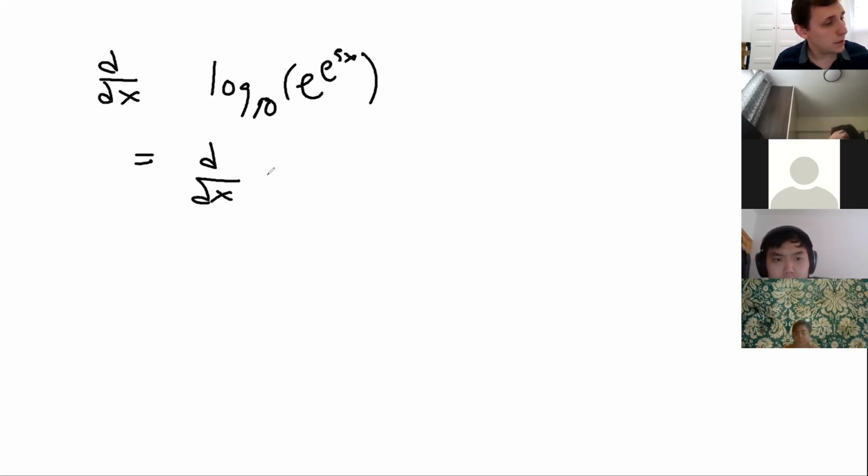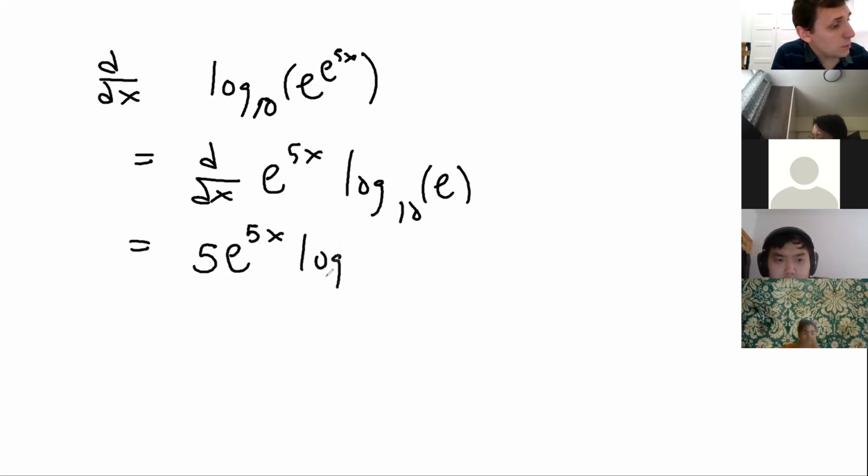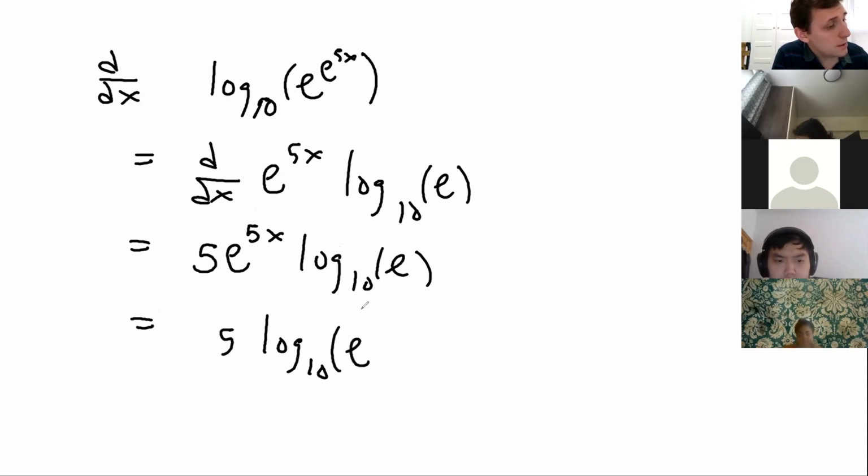You can see I can take it out, so it's e to the 5x log base 10 of e, which is equal to, just look at it, this is a constant, it's equal to 5e to the 5x log base 10 e, which is equal to 5 log base 10 e to the 5x.